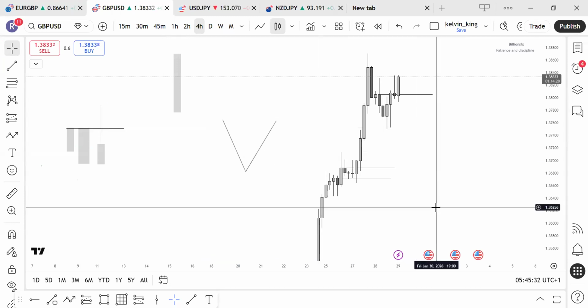Now, I sent some of my recent setups on that WhatsApp group. If you check those setups, you are going to see the third candle rejection in all of them. Could there be multiple rejections?